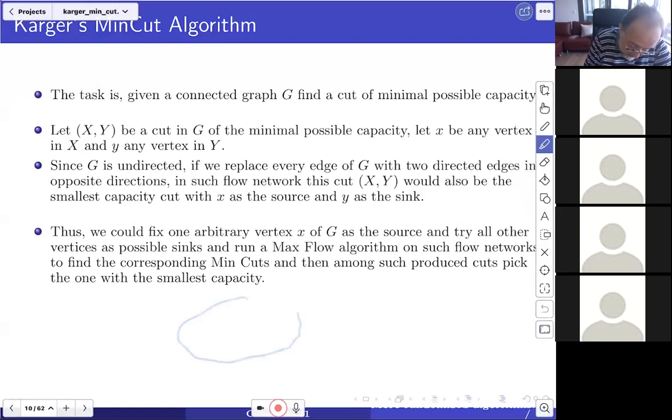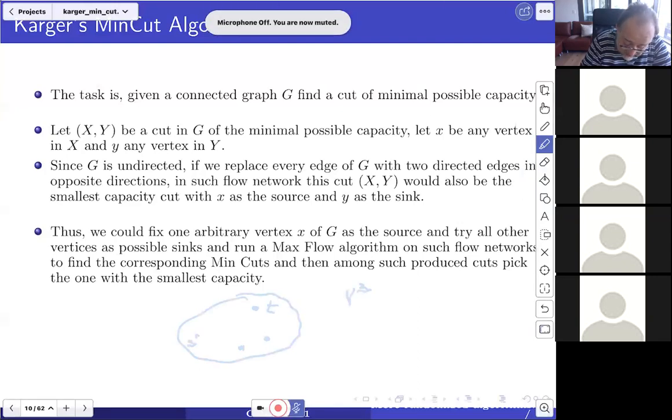The idea would be: you fix one point and call it the source, and then range t through all possible n-1 vertices. For each choice of the sink, you can run a max flow algorithm to find the min cut, and each run costs you V cubed, but you have n-1 choices for the sink.